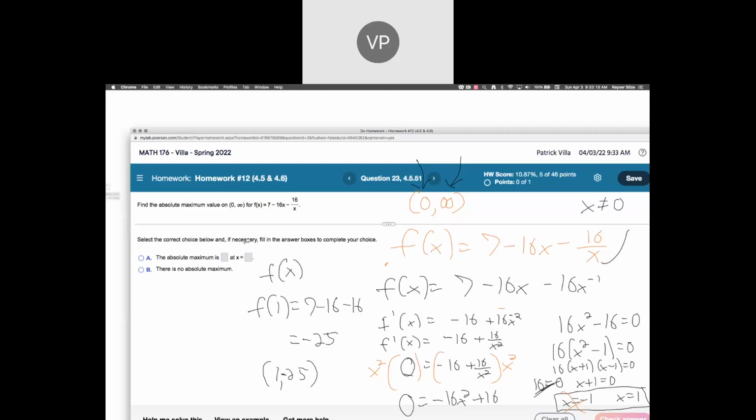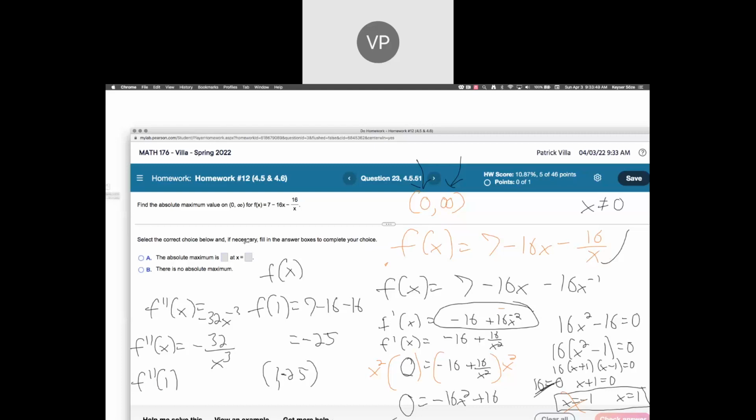I'll go with that second derivative test that we talked about. Well, what's my second derivative? Well, let's take the first derivative first, right here. And the second derivative looks like it's -32x to the -3, -32 over x cubed. And what I'm doing is I'm plugging in the critical value that we found, this one right here, +1.